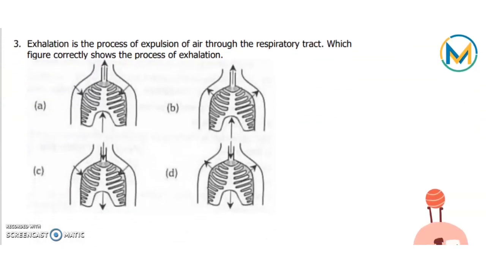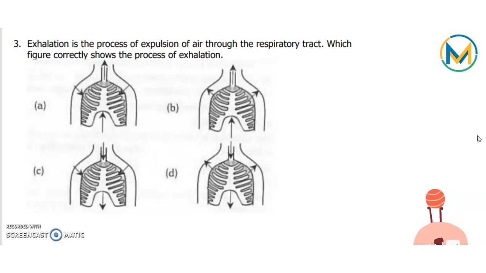Next question. Exhalation is the process of expulsion of air through the respiratory tract. Which figure correctly represents the process of exhalation among the given options? Now, exhalation is the flow of breath out of an organism. The ribs move down and inwards, and the diaphragm relaxes and moves upward into the chest cavity.